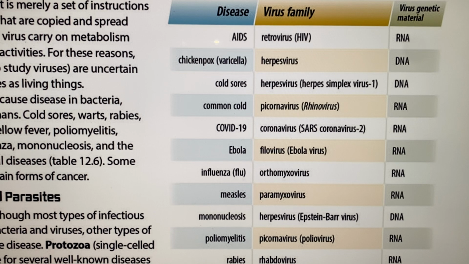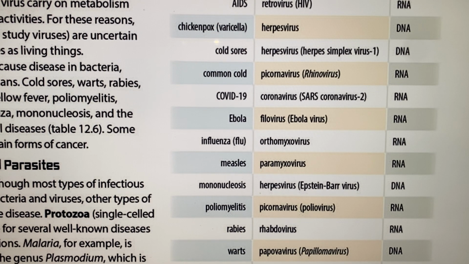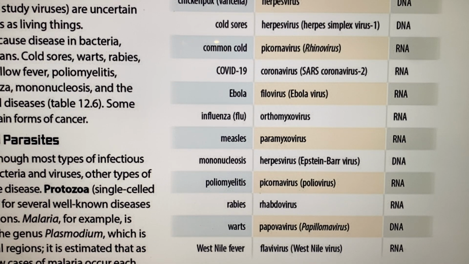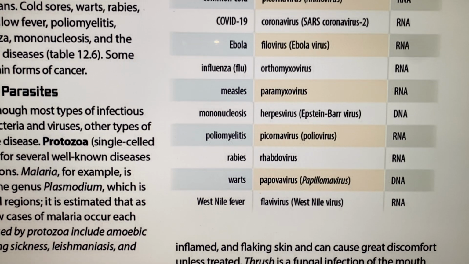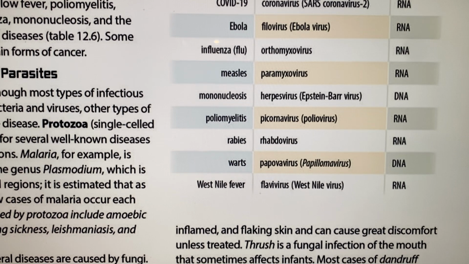Then we have cold sores, DNA virus. Common cold, different rhinoviruses, is RNA. COVID-19 is RNA. Ebola, RNA. Influenza, RNA. Measles, RNA.